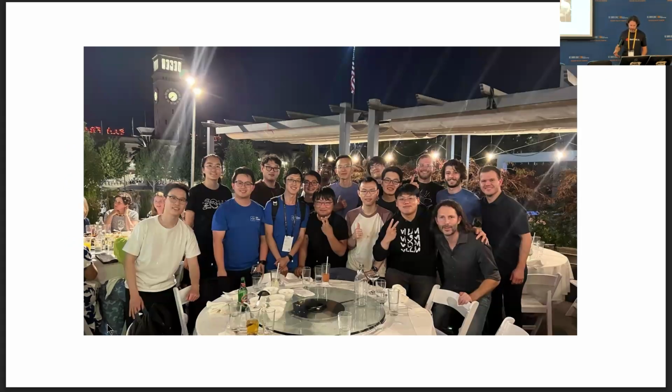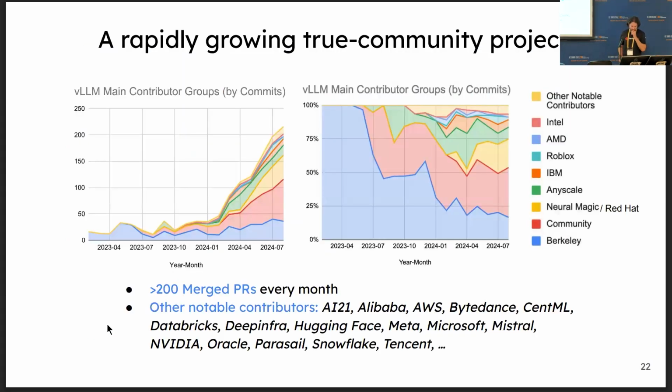This was towards the end of last year, one of the events that had a selection of a lot of the core maintainers of the project. So this is another view showing how the main contributors are split between a bunch of different organizations.